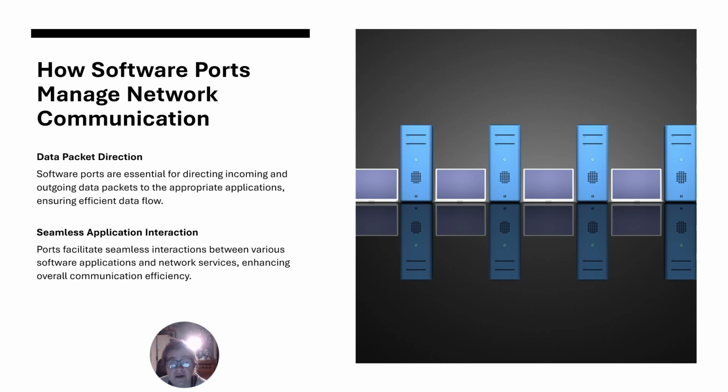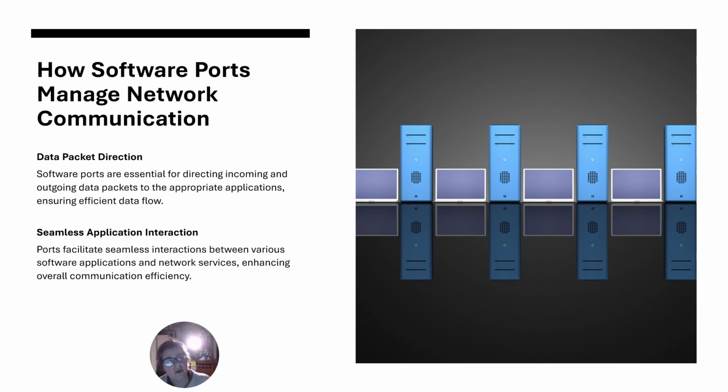So, data packet direction. How do software ports manage network communication? How do they work? Software ports are essential for directing incoming and outgoing data packets to the appropriate applications, assuring data flow. Ports facilitate seamless interactions between various software applications and network services, enhancing overall communication.